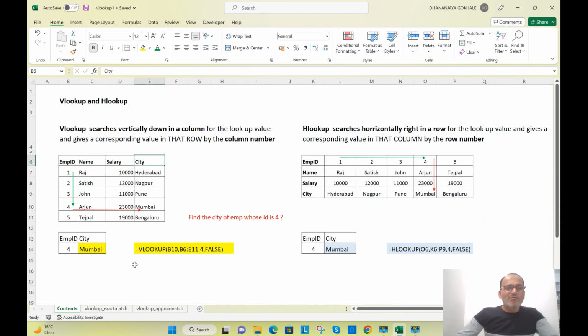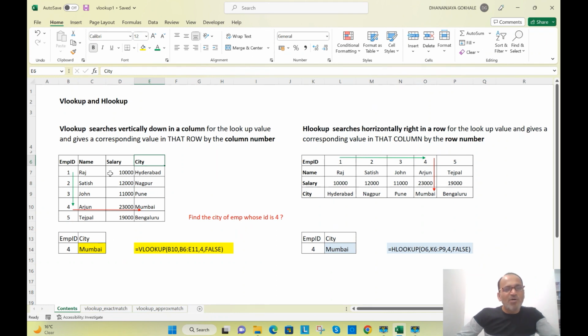So if you want to find the salary of employee ID 4, look up 4 vertically down and move to column number 3, and you would get his salary. If you want city, move to column number 4 and you will get Mumbai.